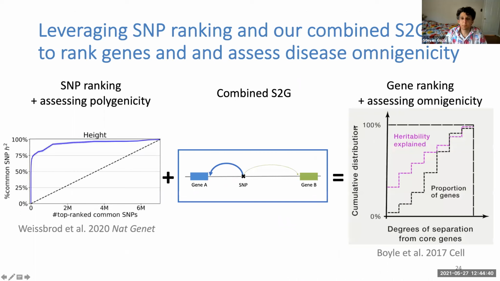Okay. So now I'll go to my favorite part of the talk, which is trying to leverage this combined SNP-to-gene map to understand how many genes are causal for a disease. I feel like it's an important question because the community is now really open to saying that human complex traits are very polygenic, which means they have thousands of associated variants.